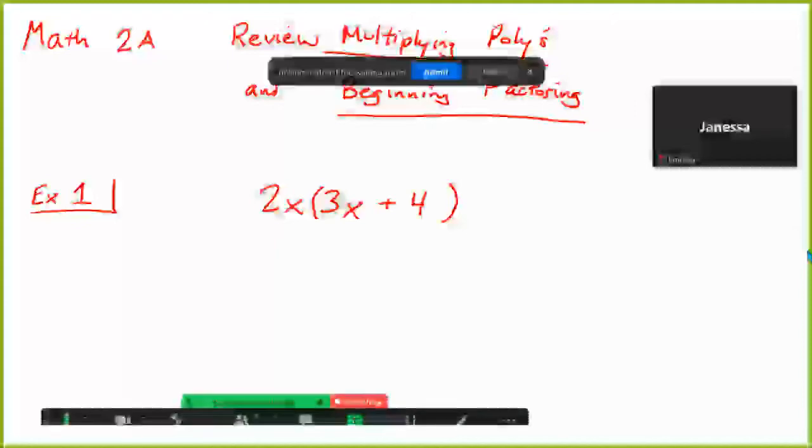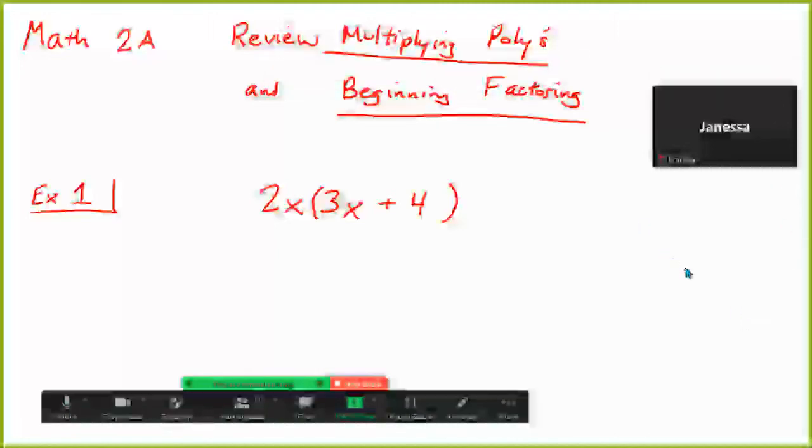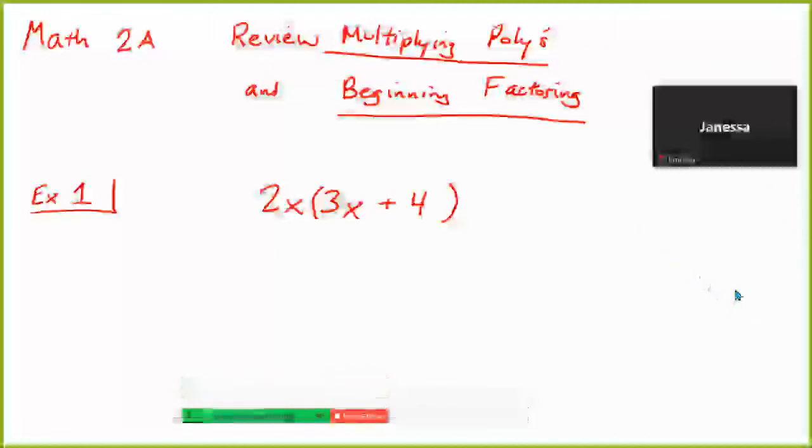And if you feel ready to share with me and with the group what you got, I'd like to hear from you and we'll talk about it. So take a moment and try to do this multiplication and let me know if you'd be willing to share.